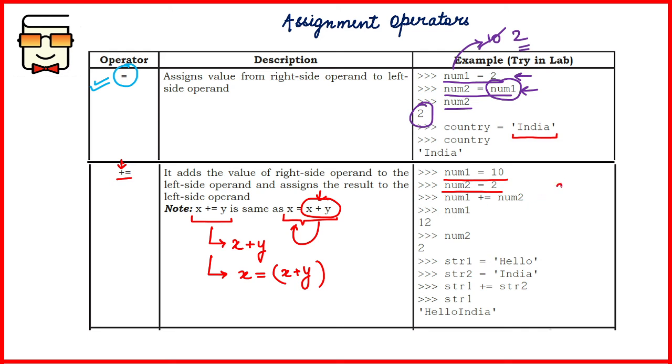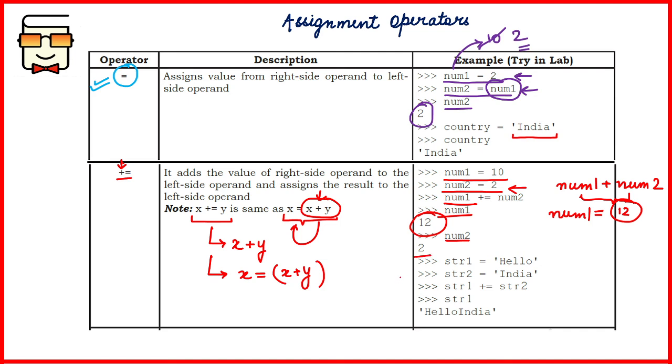So what will be performed first? First the operation num1 plus num2 would be performed, and this would result in the value 12. Now this value would then be assigned to num1, because on the left hand side we have num1, and when you print num1 you will get this value 12.